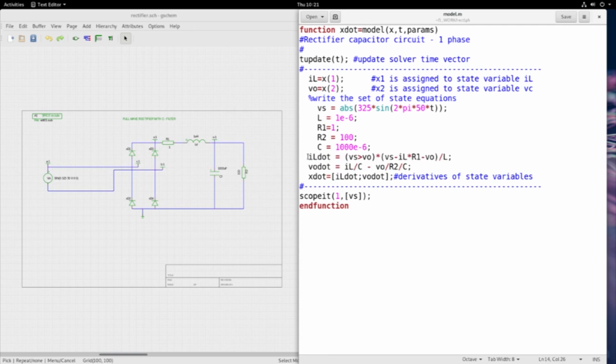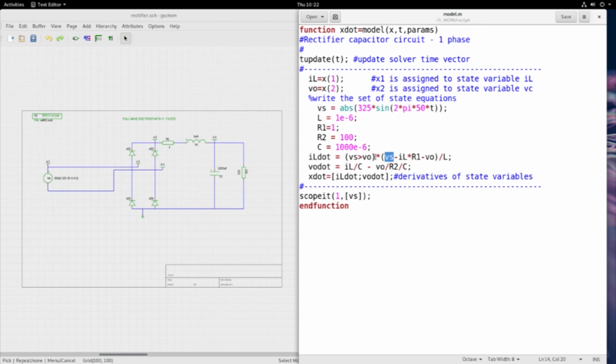Now consider dIL by dt. L dIL by dt is the voltage across this inductor, which is nothing but, on one side, the node voltage Vs. So I am writing Vs minus the drop across R1, which is IL R1, minus the output voltage V0 at this node. All divided by L will give you dIL by dt.